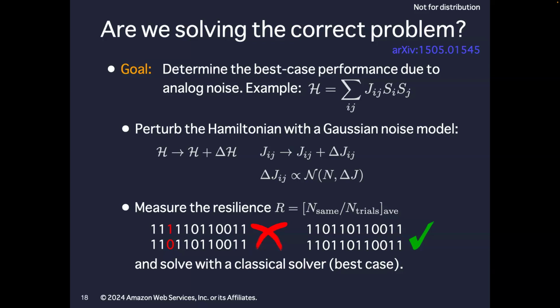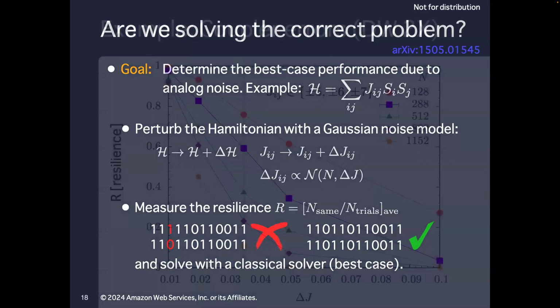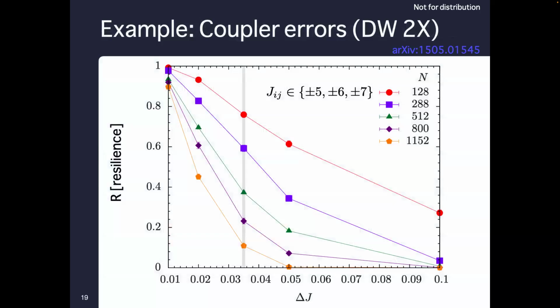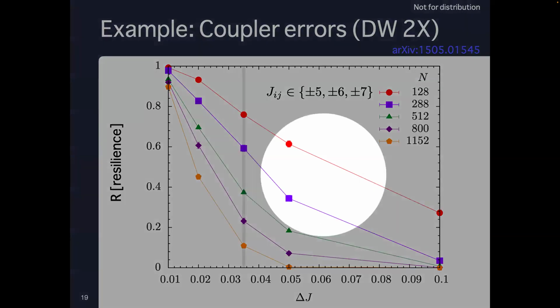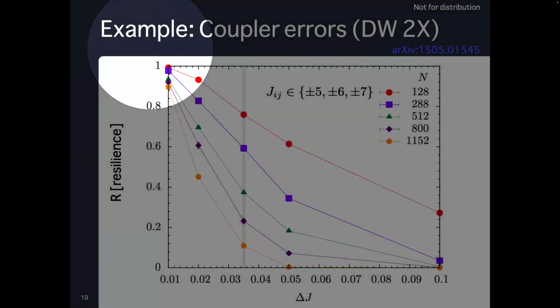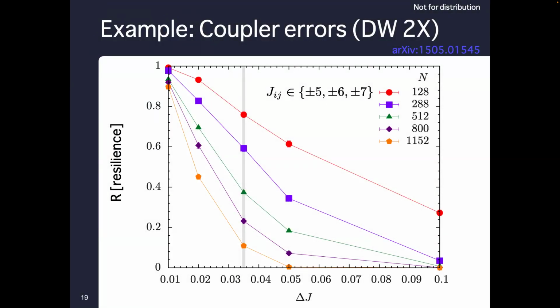And then we averaged that over disorder. And so this gives you kind of an idea of how strong the noise influences the results. In other words, are you solving the problem you intended to solve? And you can see some data here. We did this, I wrote d by 2x, but it actually is nothing else than a numerical simulation on a chimera lattice. And you can see very nicely that when there's no noise, delta J equals 0, well, then you typically are solving the problem you intended to solve.